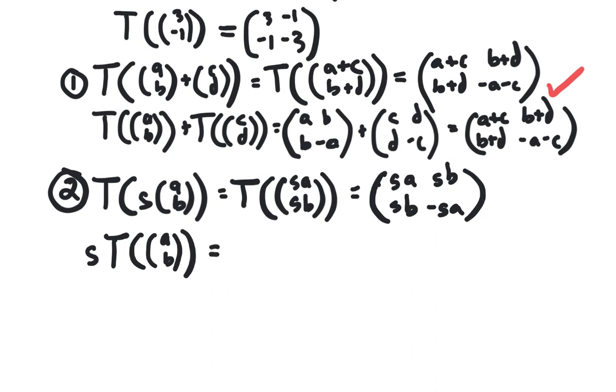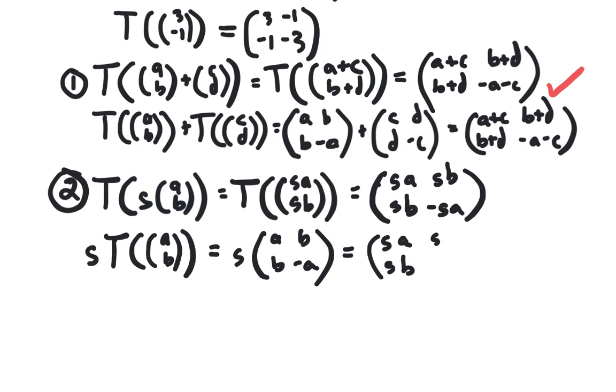This is the same thing as S times A, B, B, minus A, but we know how to scale matrices. We just multiply every entry by that scalar S, so we get SA, SB, SB, sorry, negative SA.